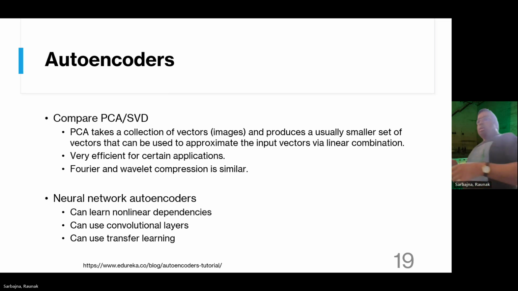So we can compare autoencoders to support vector techniques or principal component analysis, PCA and SVD, which kind of does the same, right? For principal component analysis, say for example, you have a data set with like 50 different attributes, 50 different columns, and you're trying to separate the clusters in between them. But with 50 different attributes, clustering or classification is a very complicated task.